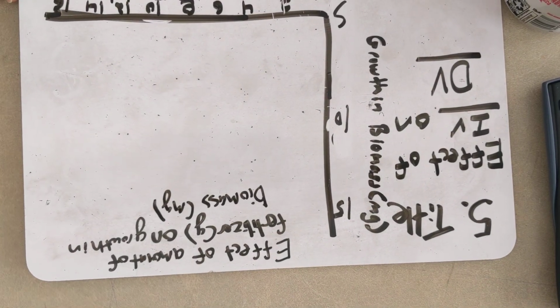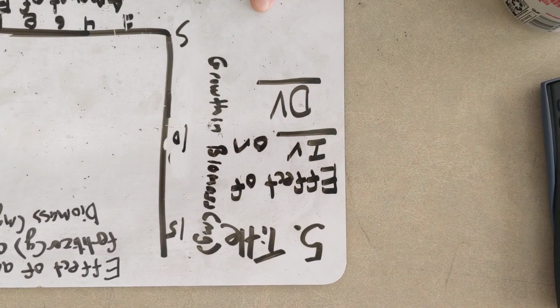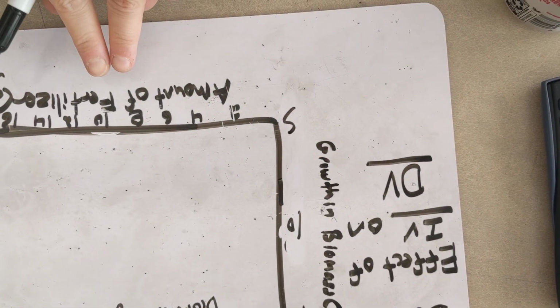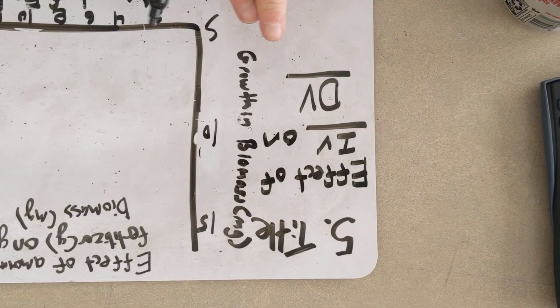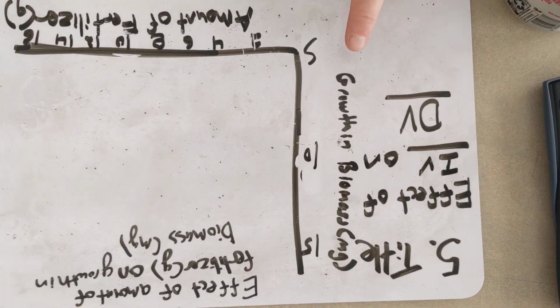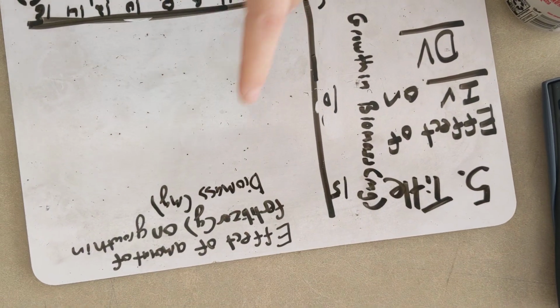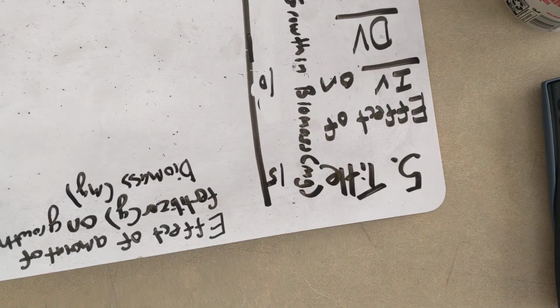And there's my title. And that's step 5. Again, just use the format effect of IV on DV. So you're literally just plugging in whatever you labeled the IV and whatever you labeled the DV. This is why we do this after we set up the scale and the axes, but before the last step, so that we do not forget to do it.